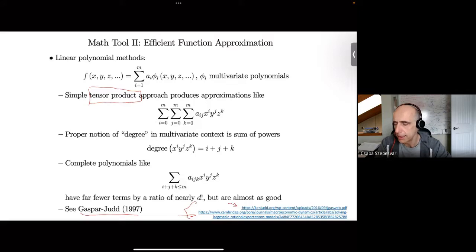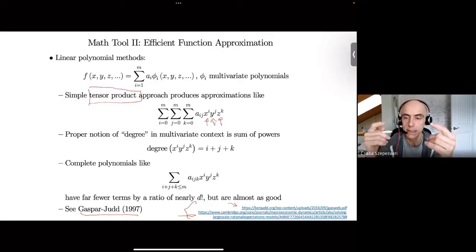The tensor product is similar to the discretization idea. The idea is that you have basis functions for each variable. So there are variables x, y, z, and like you have p of them. We don't have that many letters, so we just stop at z. And for each of them, you have basis functions which depend only on that variable. So you could have the polynomials, for example, the x to the i's and the y to the j's and the z to the k's.